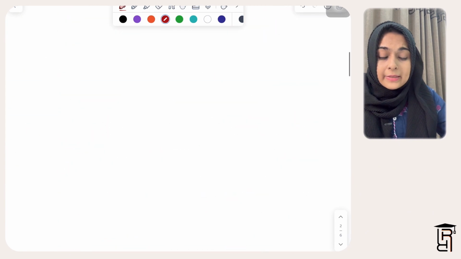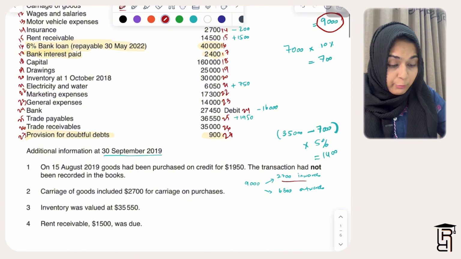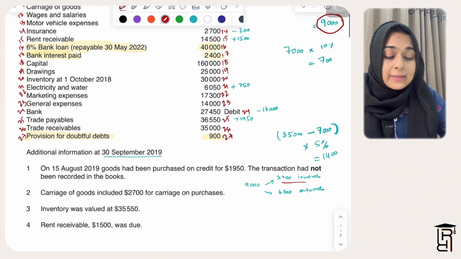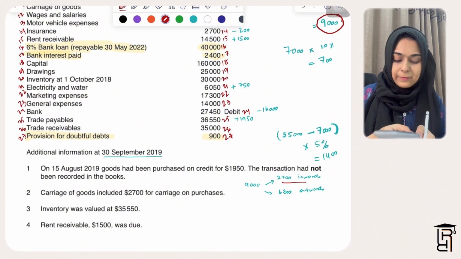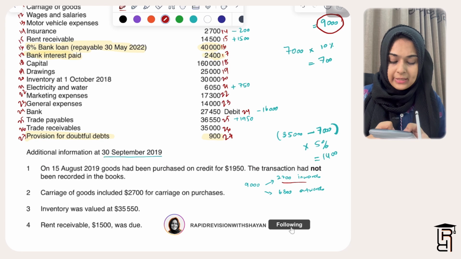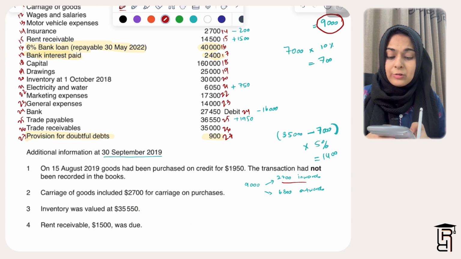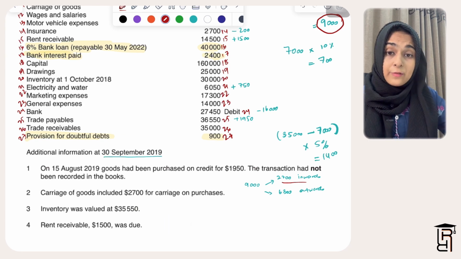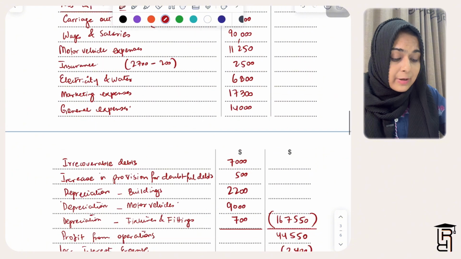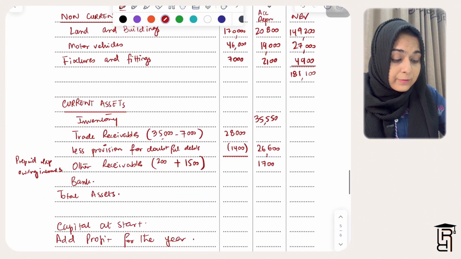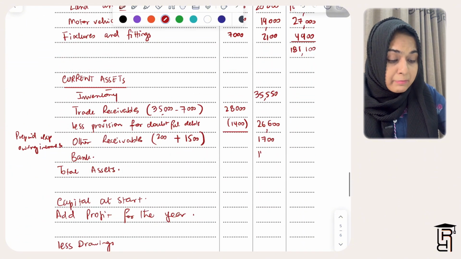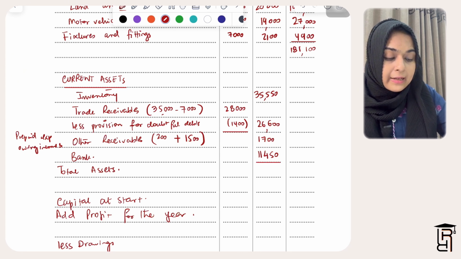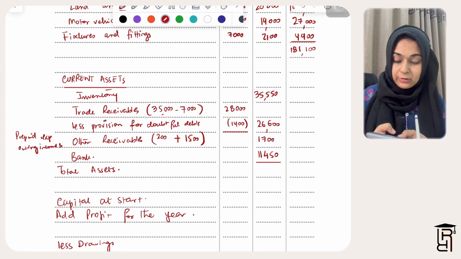Bank in this case was some value, and then we reduced it by 16,000. So 27,450 minus 16,000, because we have bought a motor vehicle paying by check, and the amount will be here 11,450, which I will record as my value for bank, 11,450. And then I'll add all these current assets of mine.